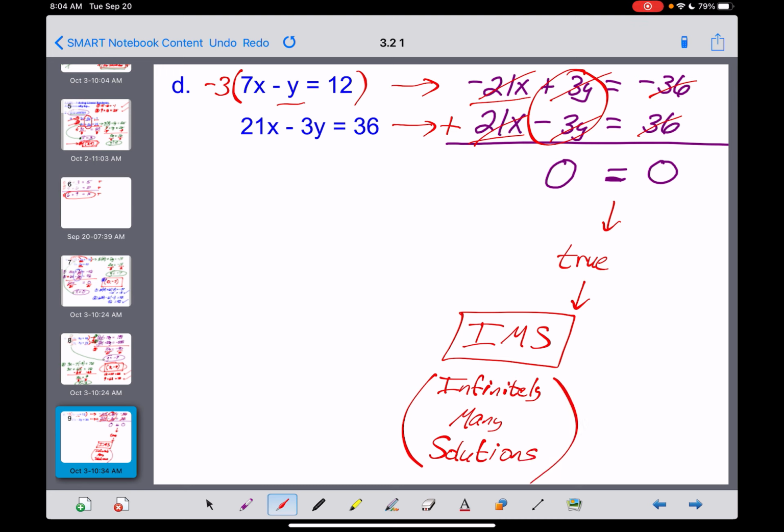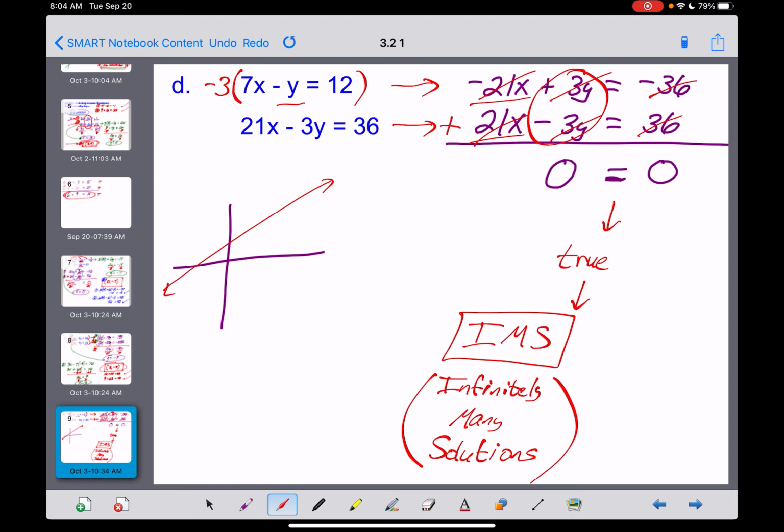So in most of the cases, in fact, in all of the 3 examples that we've done so far in this section, there was just one solution. But what happened in example D? We ended up with a true statement and therefore infinitely many solutions. What this really means, you guys, is that if we were graphing these 2 lines, which is not how we're doing it, we'd come up with the first line that would look, I don't know, I'm just guessing right here. The first line would have looked something like that.